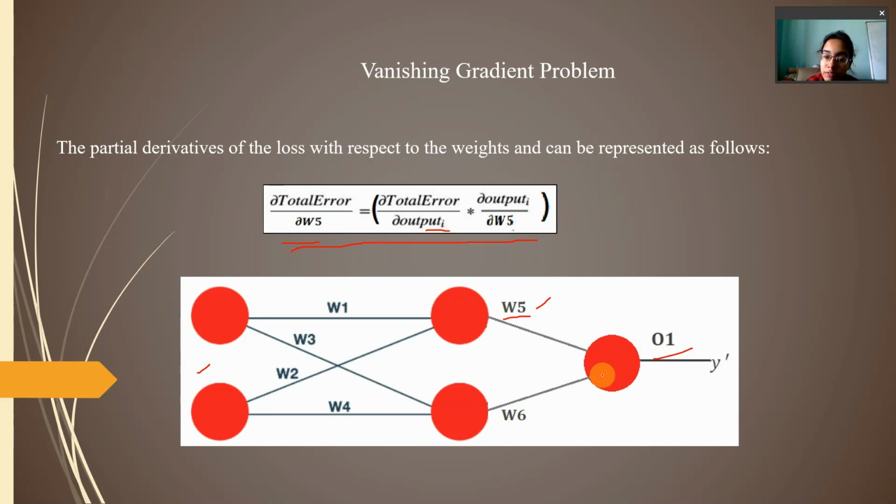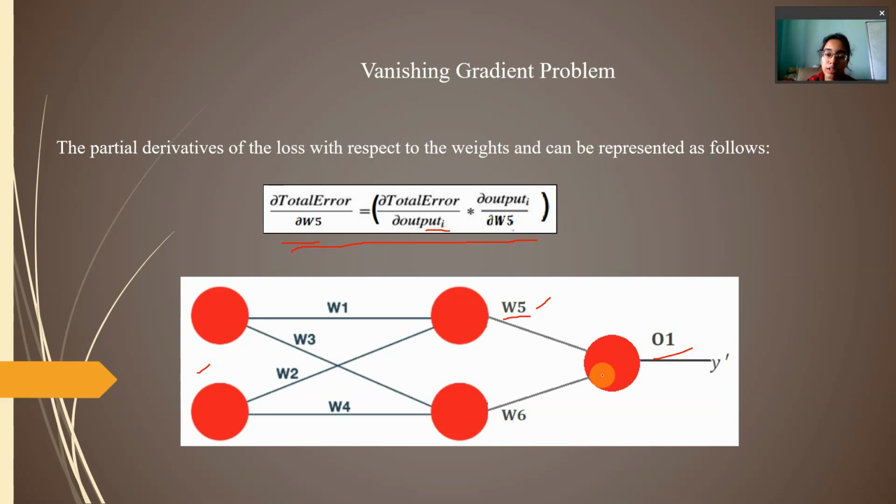Now if we subtract from the old weight, suppose it is 30, the term 10 to the power minus 6 or 10 to the power minus 7, and the learning rate we are considering as 1, then the result will be approximately equal to our old weight.